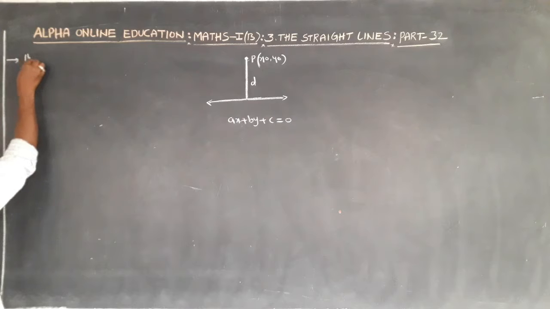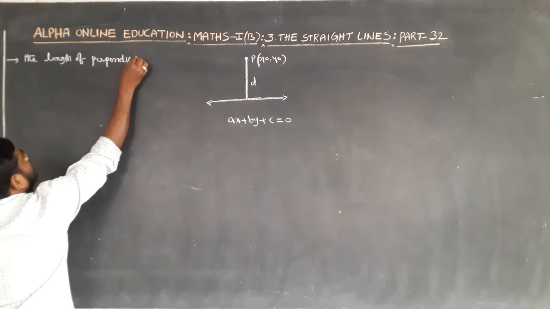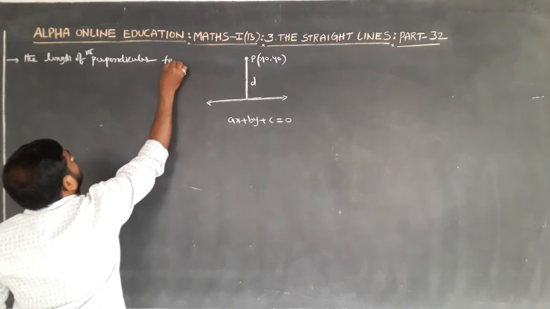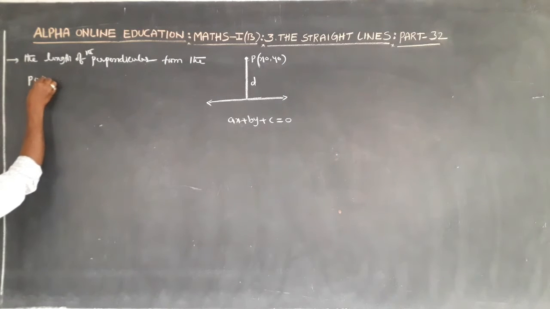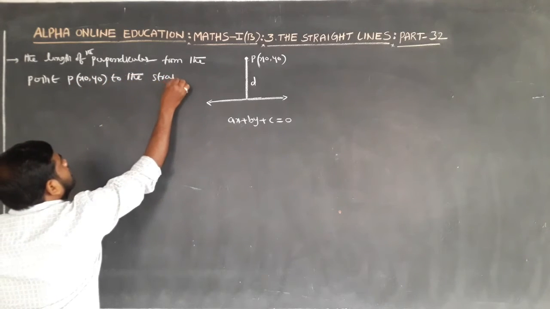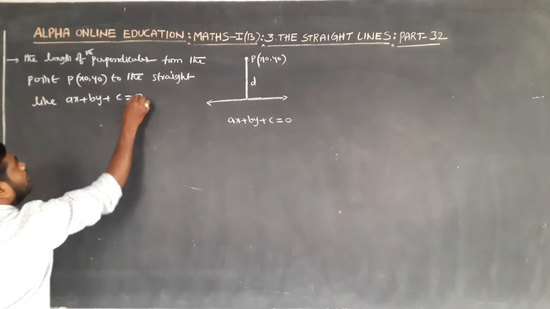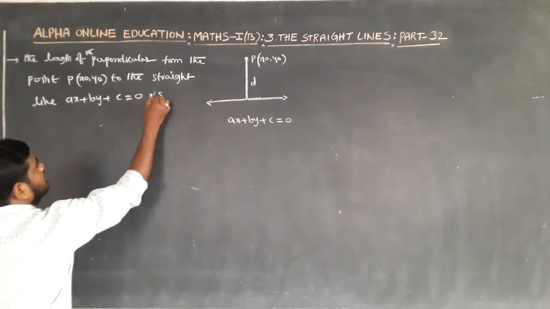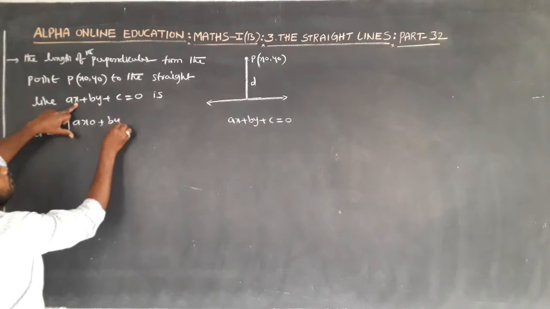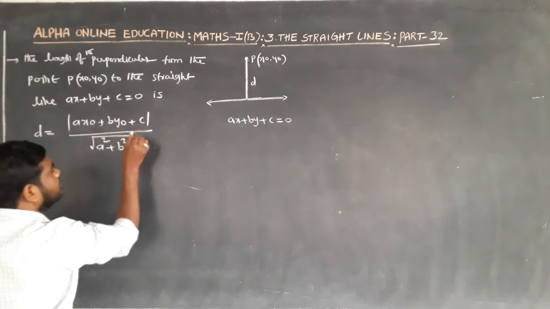Here the formula: the length of the perpendicular from the point P(x naught, y naught) to the straight line ax plus by plus c is equal to 0 is: perpendicular distance is equal to mod of (a x naught plus b y naught plus c) by under root of a square plus b square.